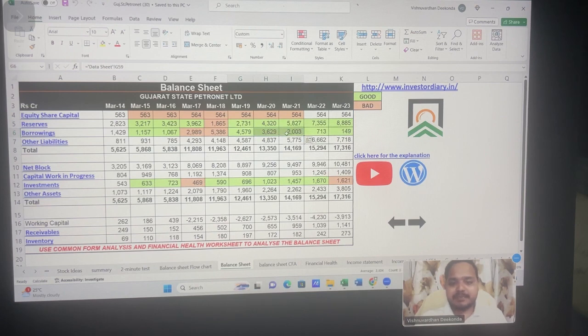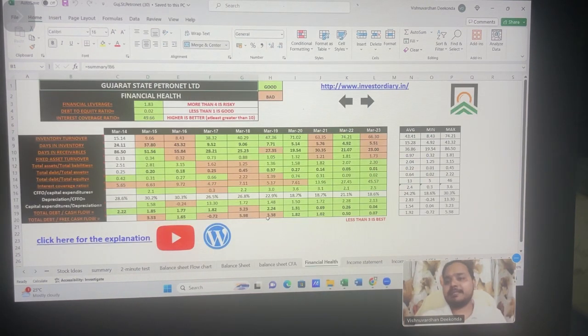Slowly, you can see the company was consistently cutting the borrowings, and current borrowings are only 149 crores. Significant drop in the borrowings. So the company consistently repaid the principal amount, which is good news. There are so many numbers, but generally we don't analyze like this. You can look at these numbers, but generally we place a lot of emphasis on the financial health analysis.